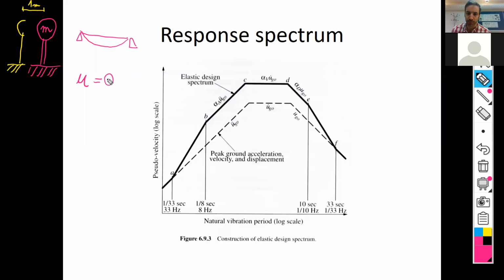Our structure has not been bent. And because it has not been bent, it has not deformed, it has just moved as a single solid, then there are no internal forces, okay? Our beam is not subjected to any moment. There are no shear forces. Everything just moved to the side, okay? And what we're really interested in are the bending moment and shear forces.